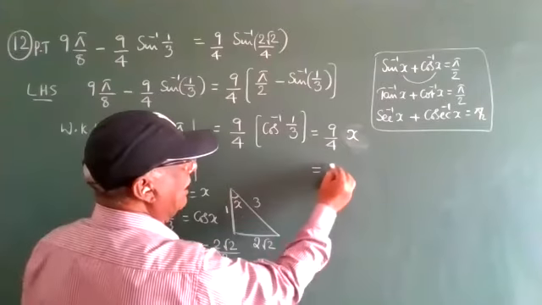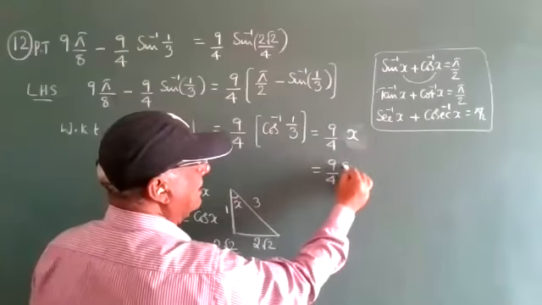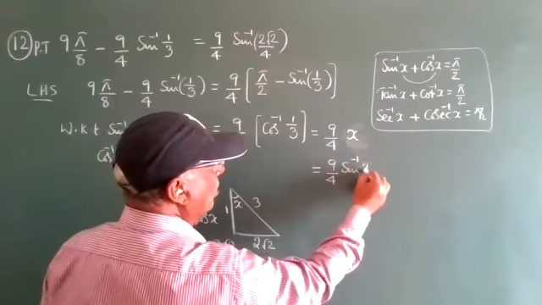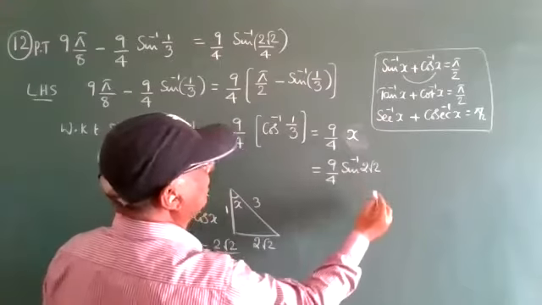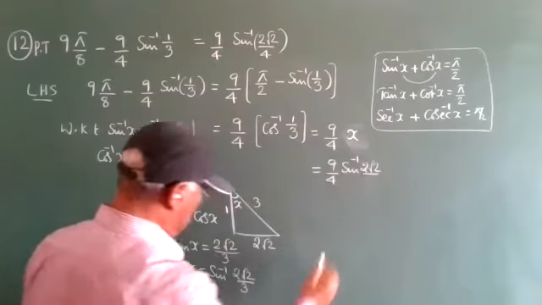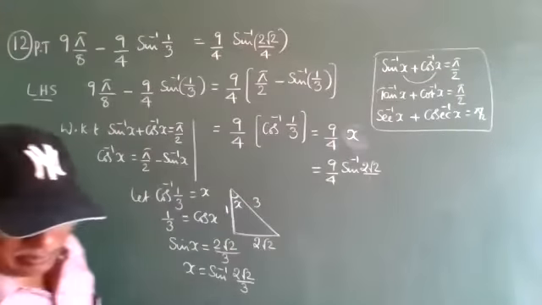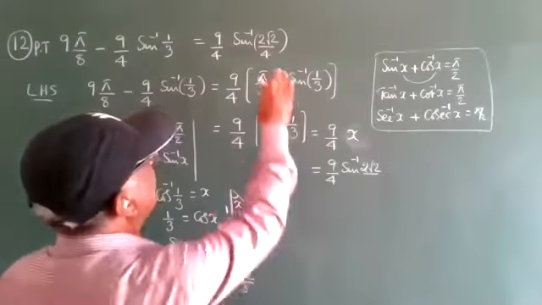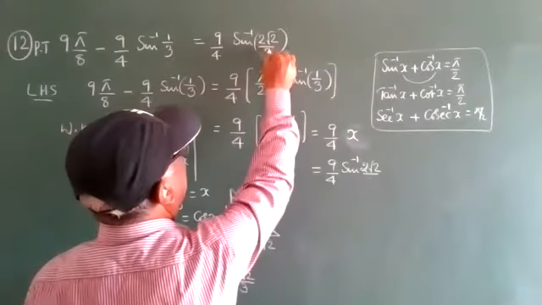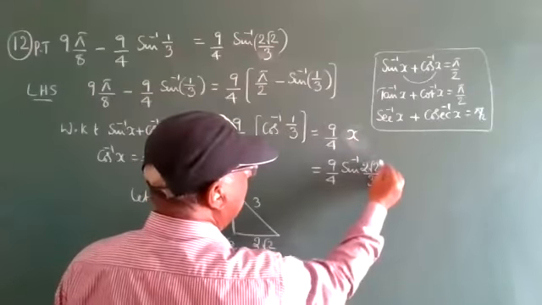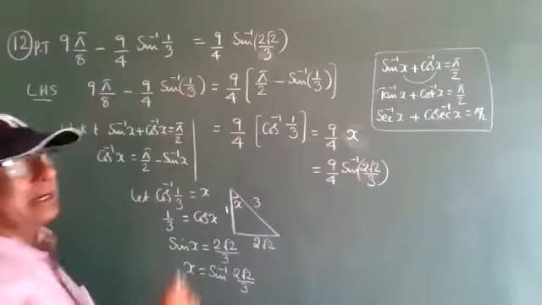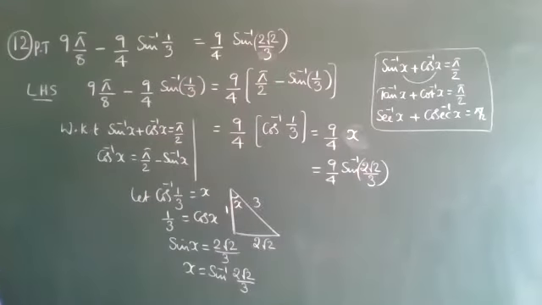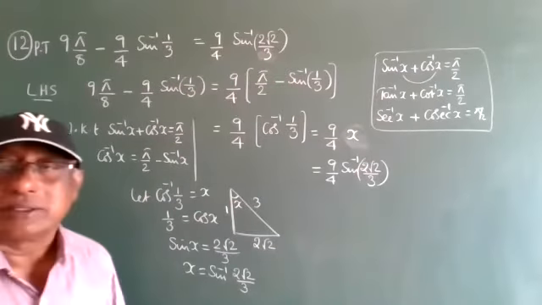Substituting x, we get 9 by 4 of sine inverse of 2 root 2 by 3, which is the required answer. Everyone, the right hand side is 2 root 2 by 3, the required answer.